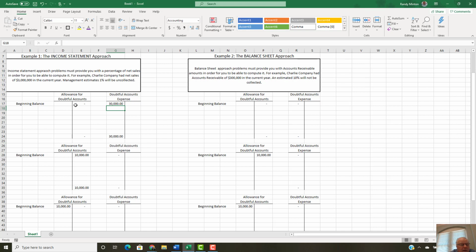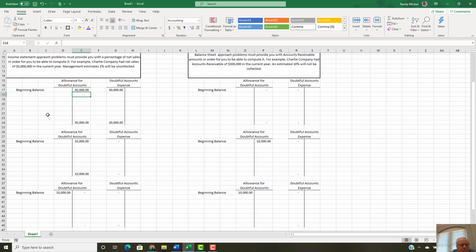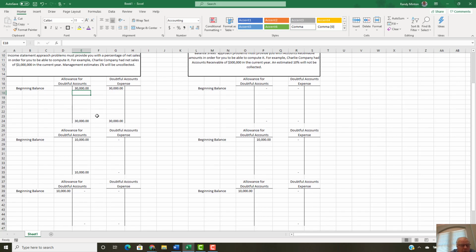And then if I don't have a beginning balance in the allowance, this is the contra asset account. That is, it goes against the accounts receivable. And so what I'd have here is 30,000. I don't have a beginning balance. Okay, so that's fairly straightforward. And by the way, that would be the same for either method.